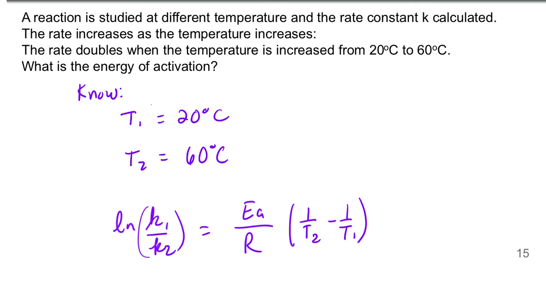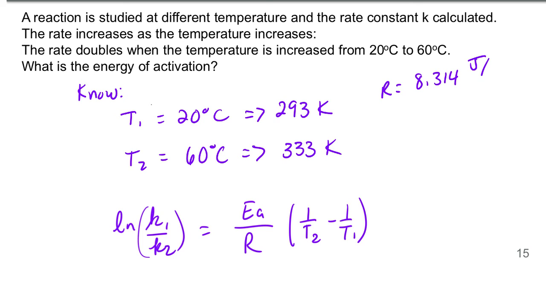For this equation, our temperatures have to be in Kelvin. So that means that 20 degrees Celsius is 293 Kelvin, 60 degrees Celsius is 333 Kelvin. Our gas constant R is 8.314 joules per mole Kelvin.